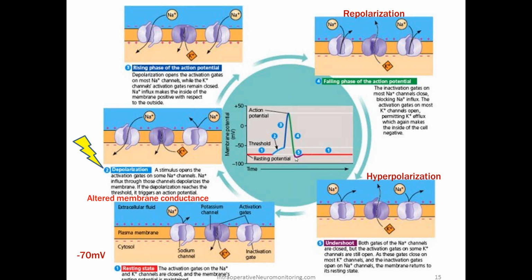So here we have our repolarization phase, number 4 here, and we get to number 5, which is the hyperpolarization phase, or the undershoot. Both gates of the sodium channels are closed, but the activation gates on some potassium channels are still open. As these gates close on most potassium channels, the inactivation gates open on sodium channels. The membrane returns to its resting state.